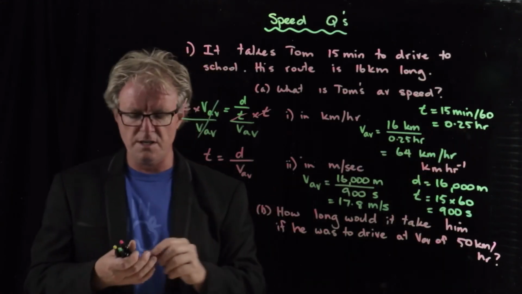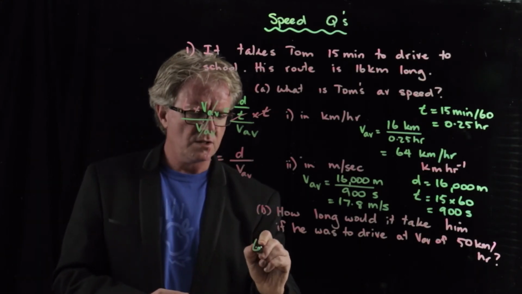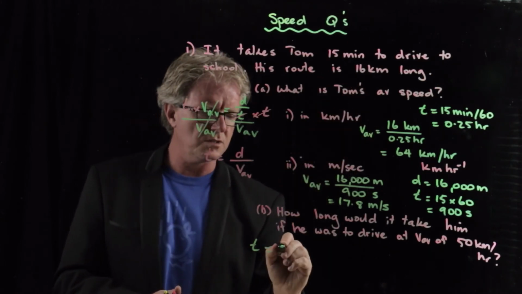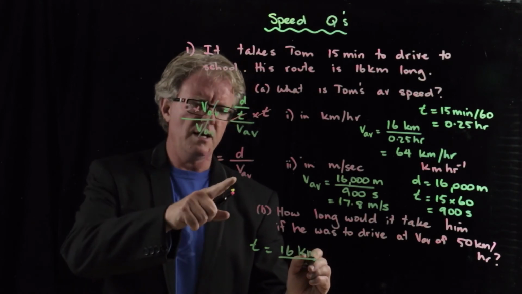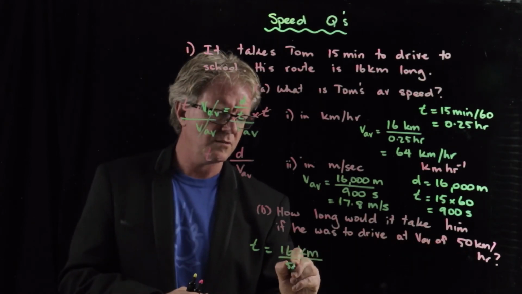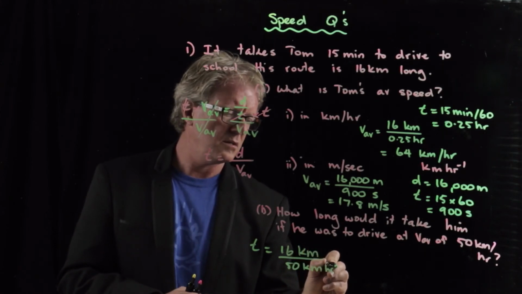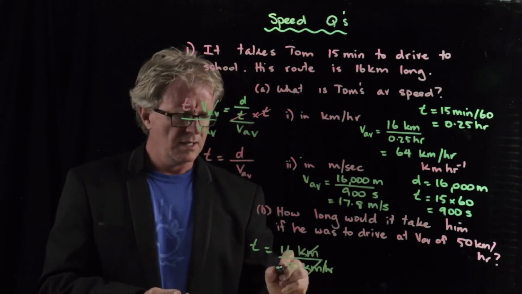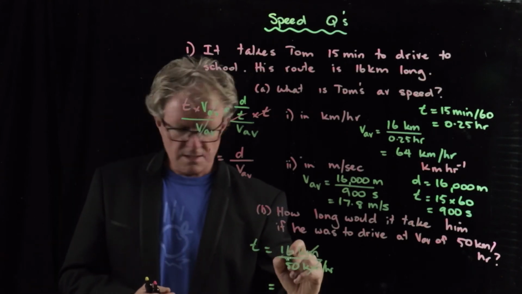So time is equal to our distance, and our distance was 16 kilometers, and we divide that by our average speed. Now average speed here is 50 kilometers per hour. The kilometers cancel.